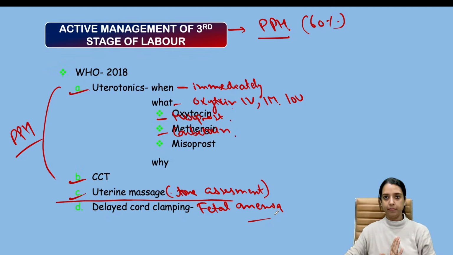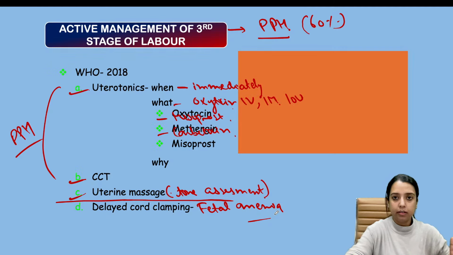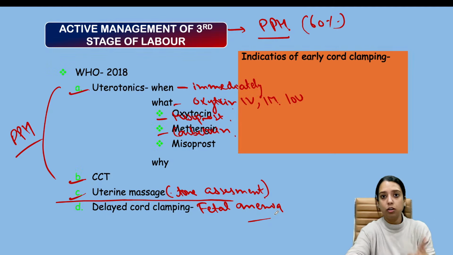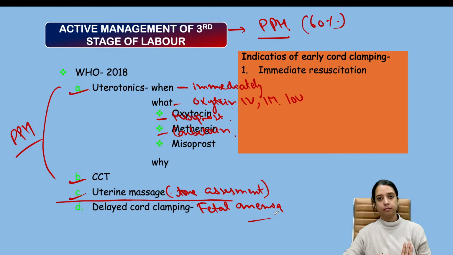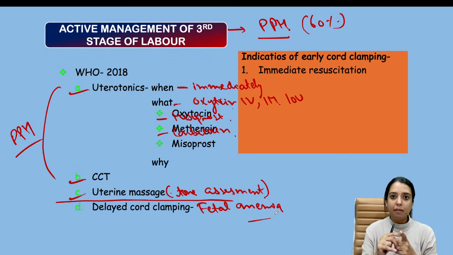No. So delayed cord clamping is done in all except... the only contraindication for delayed cord clamping is not RH, not HIV, it is when the baby needs resuscitation. Even in HIV, even in diabetes, even in RH, you do delayed cord clamping.